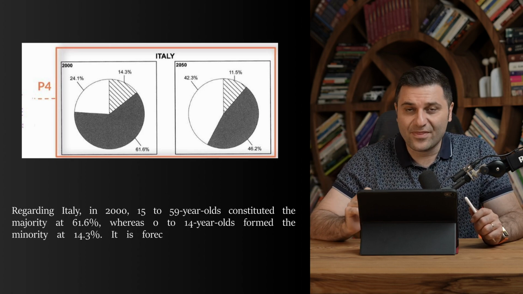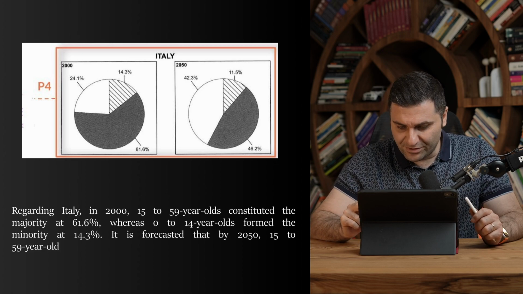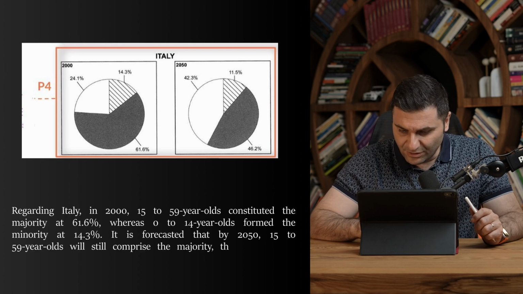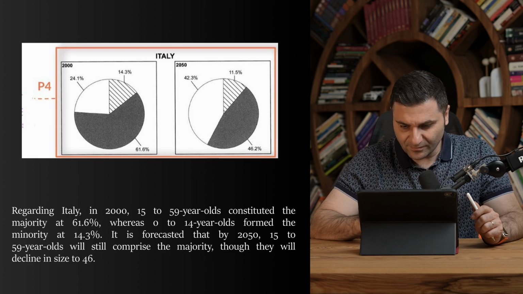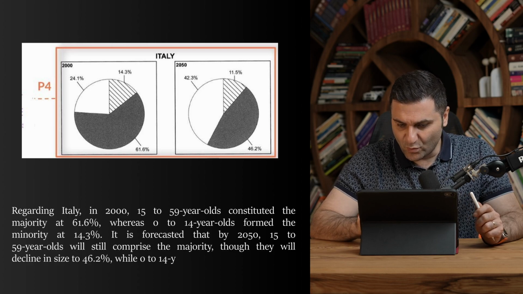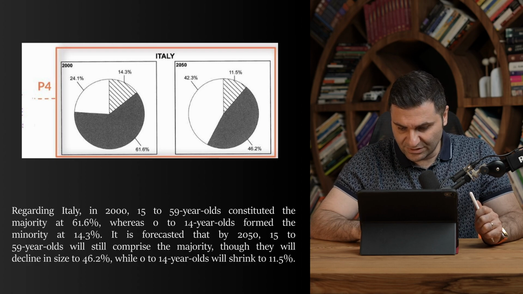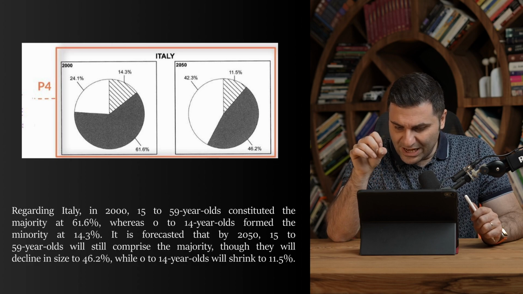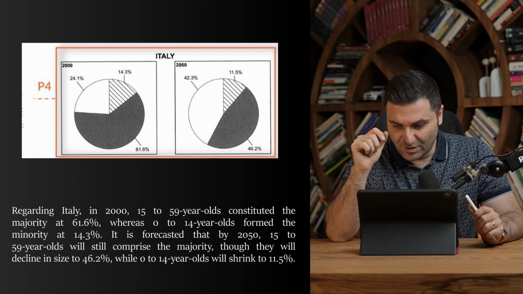It is forecasted that by 2050, 15 to 59-year-olds will still comprise the majority, though they will decline in size to 46.2%, while 0 to 14-year-olds will shrink to 11.5%. So as you can see here in this paragraph, we skipped the growth of 60 plus year olds in 2050, right?